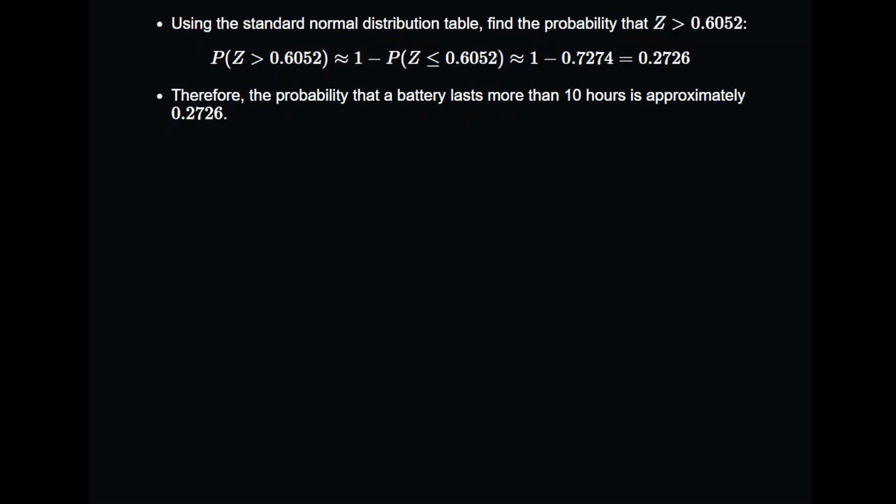But how do we work with that? Essentially the same sort of rules we would use for the normal distribution. In this case it will be the complement rule, etc. Use the standard normal tables to find the probability that z is greater than 0.6052. If you're using statistical tables like Murdoch-Barnes, you probably would round that to 2 decimal places, 0.61.